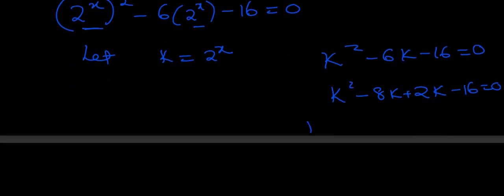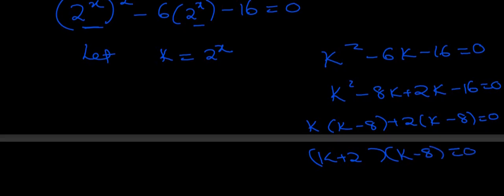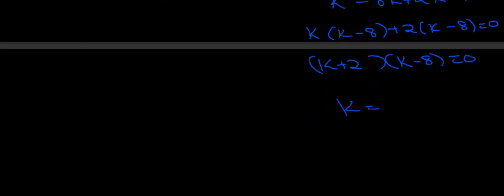This will just be k, then you have k minus 8, then plus 2, k minus 8, equal to 0. We're having k plus 2, and k minus 8 is equal to 0. So k is equal to negative 2 and k is equal to 8.